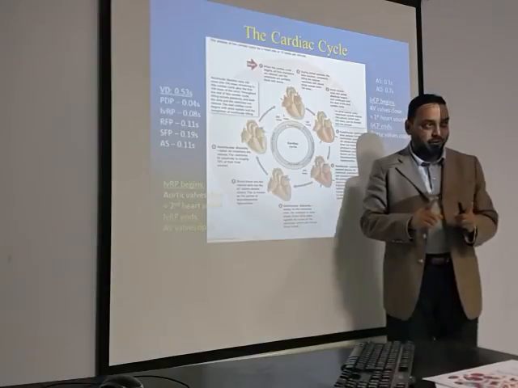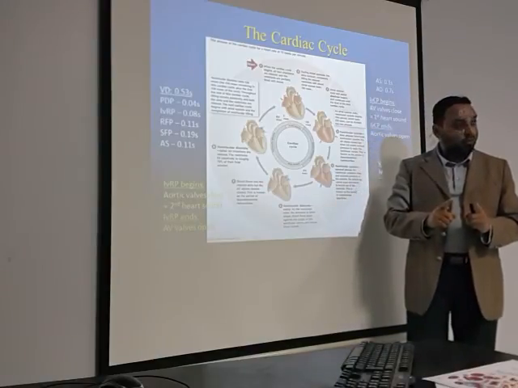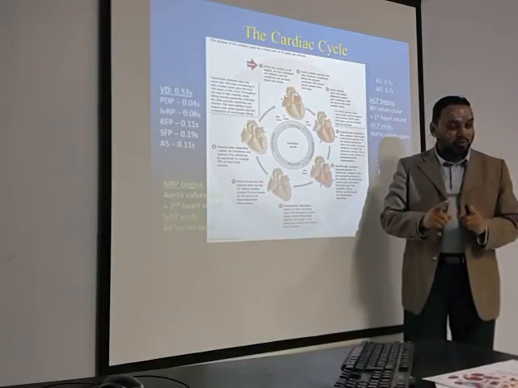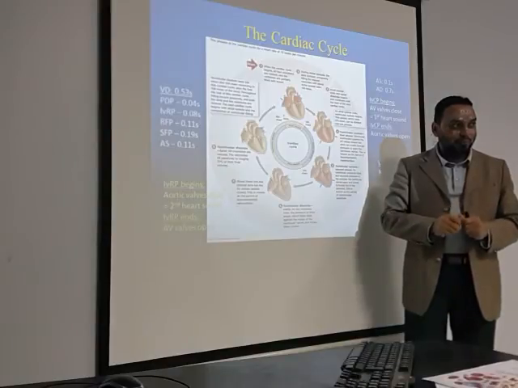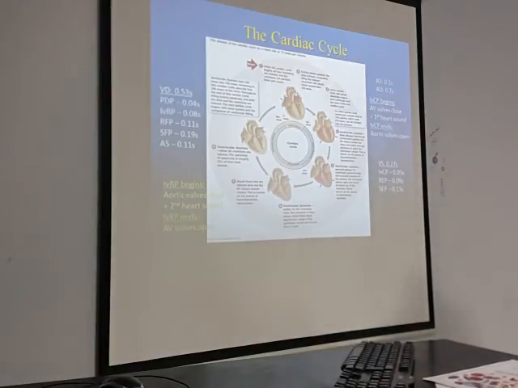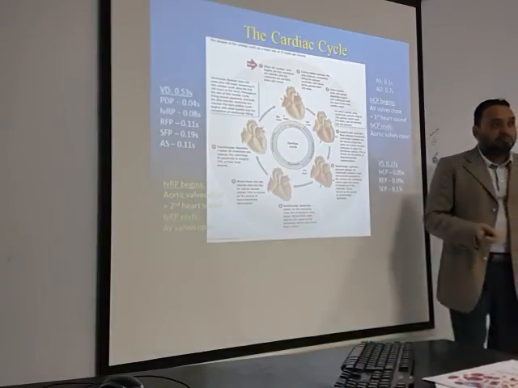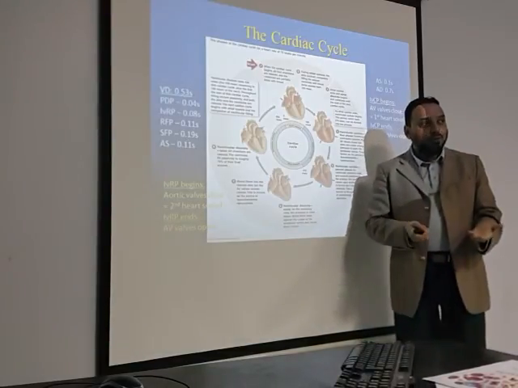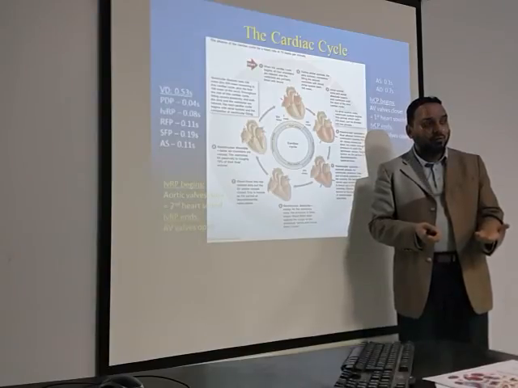But otherwise they cannot contract simultaneously, except within the 0.8 second cardiac cycle.